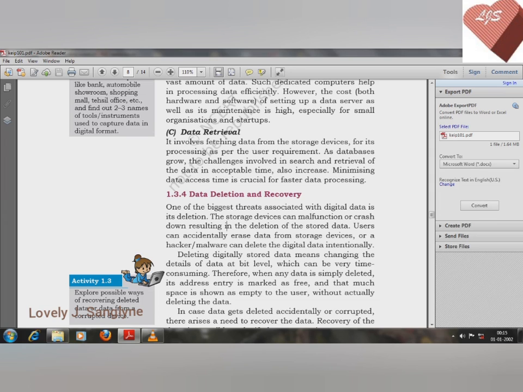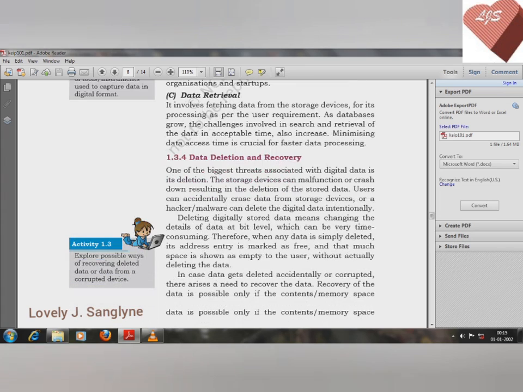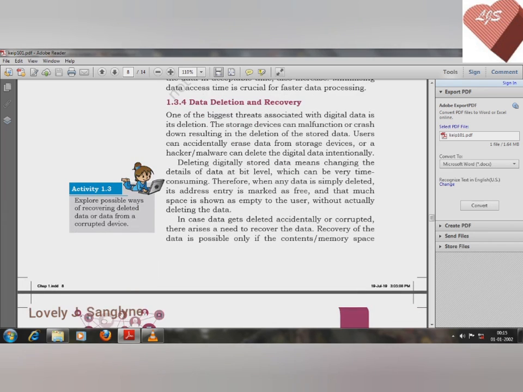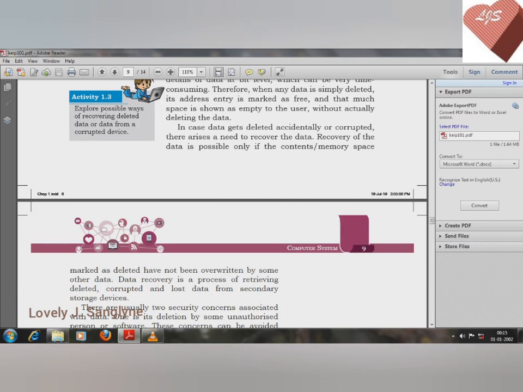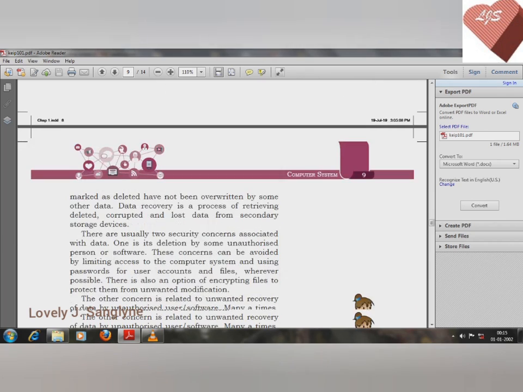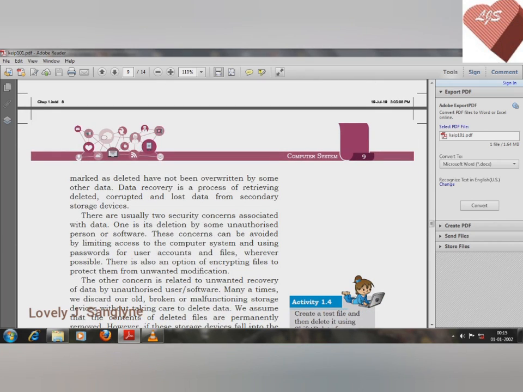So if those data are deleted accidentally, or maybe you delete them yourself but you want to get them back later, that is known as recovery. So deleting the data can be done accidentally also.